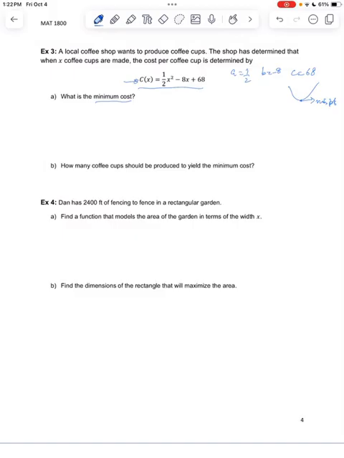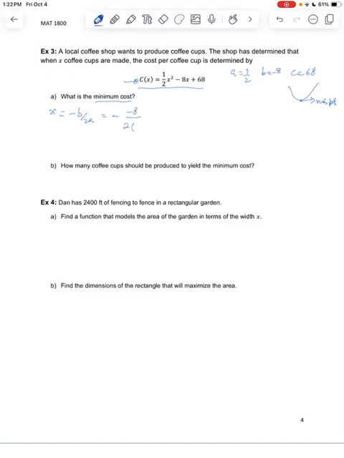So we start by finding the first coordinate of the vertex, which in this case will be, again, always minus b over 2a. Here it is the x value. So it will be equal to negative of -8 over 2 into 1/2.